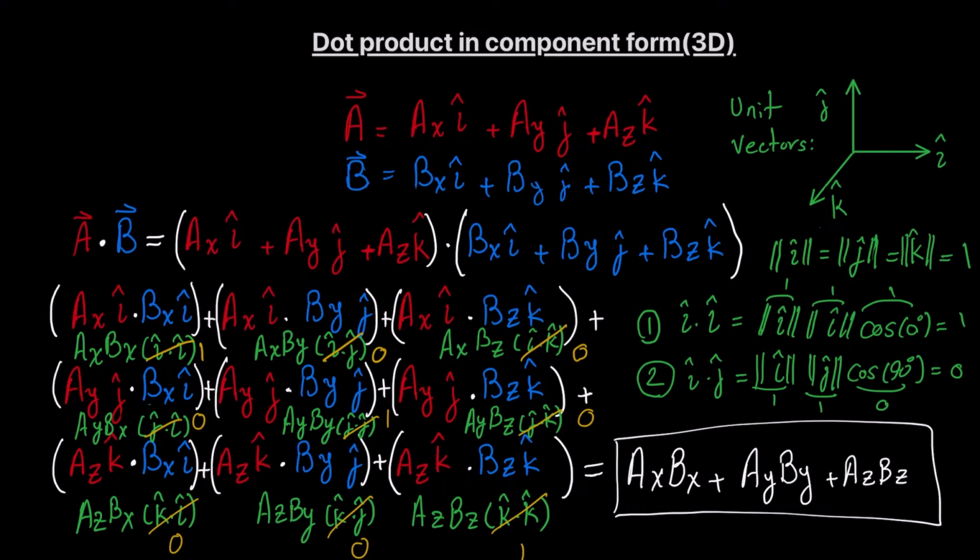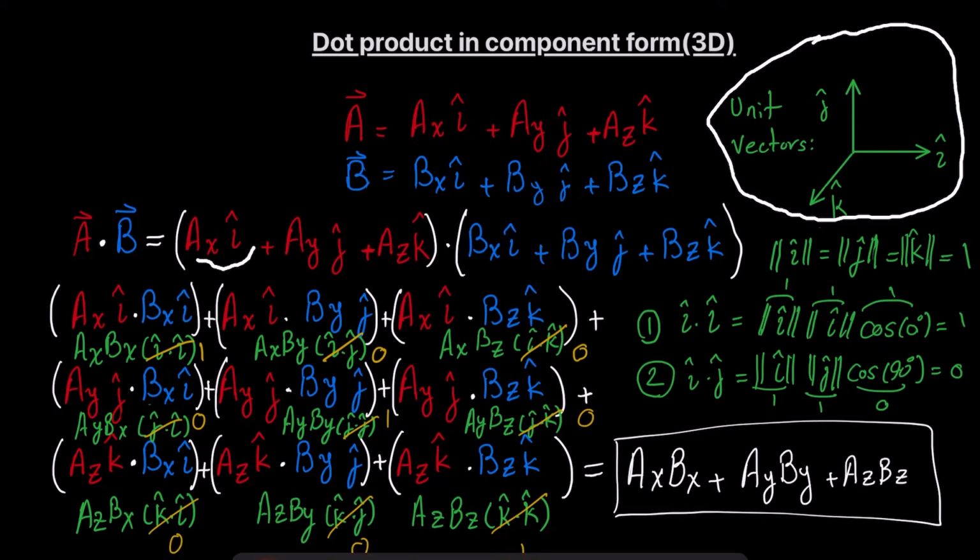Next, we're going to go ahead and take the dot product between all the terms. So we have 3 terms in A and we have 3 terms in vector B, and we're taking that dot product, so that results in 9 terms. For example, ax i hat dotted with bx i hat, or ax i hat dotted with by j hat, or ax i hat dotted with bz k hat.